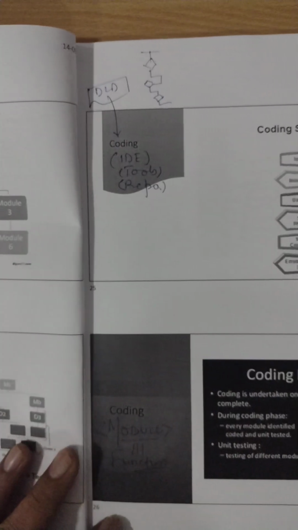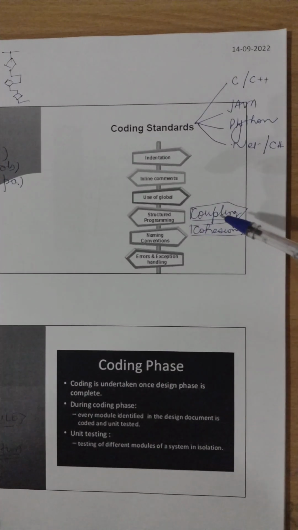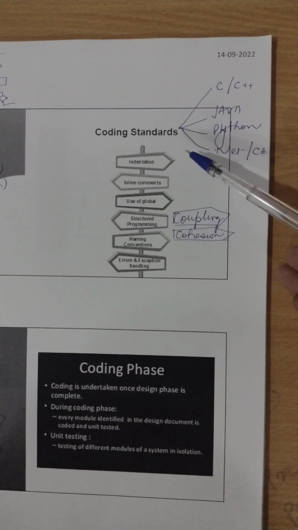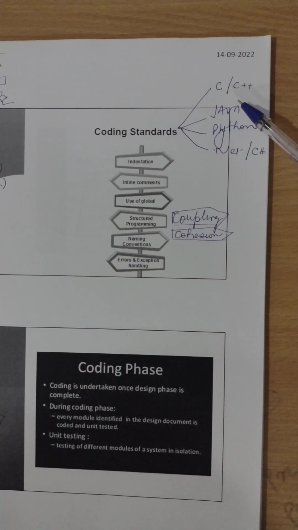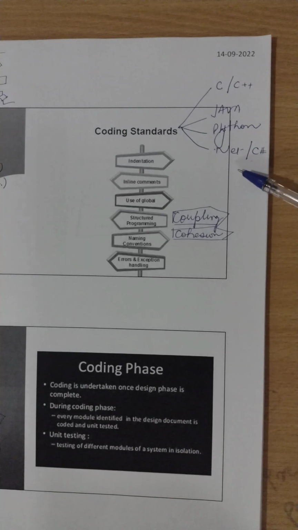There is one more concept, that while writing the code, the team has to follow the coding standards. Whatever language you are using, C, C++, Java, Python, .NET, C Sharp, all these things, coding standard has to be followed.